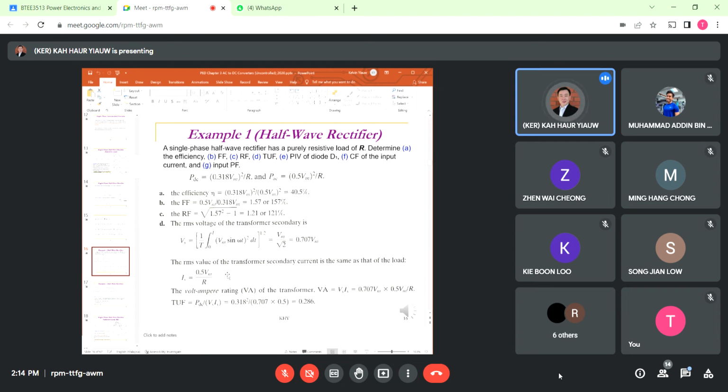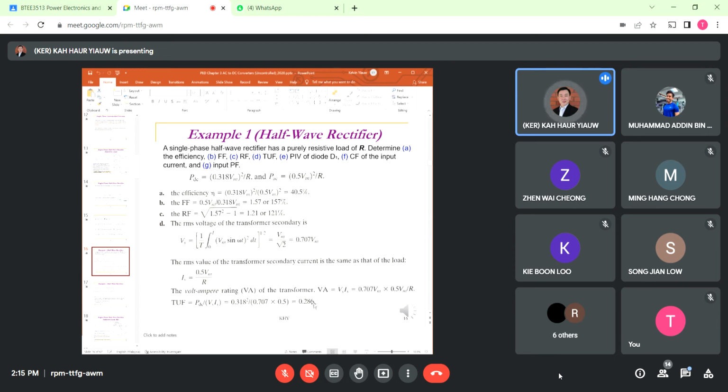Hence, if I want to find the watt ampere rating for it, I should use this value multiplied by this value to give me the input watt ampere rating, and the TUF is the ratio of your PDC over your VA, or VS times IS. In this case, you see that your TUF has this value here.